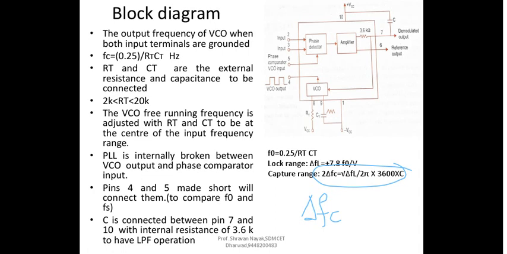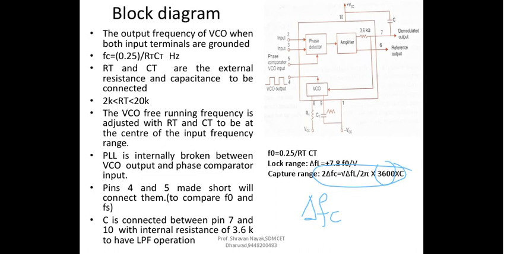Since the value of R is already known to us, that is 3.6 kilo ohm, I have taken it to be 3600 into C. So this is the expression for the capture range, and also the expressions for F naught and the lock range we have seen for the case of IC 565.